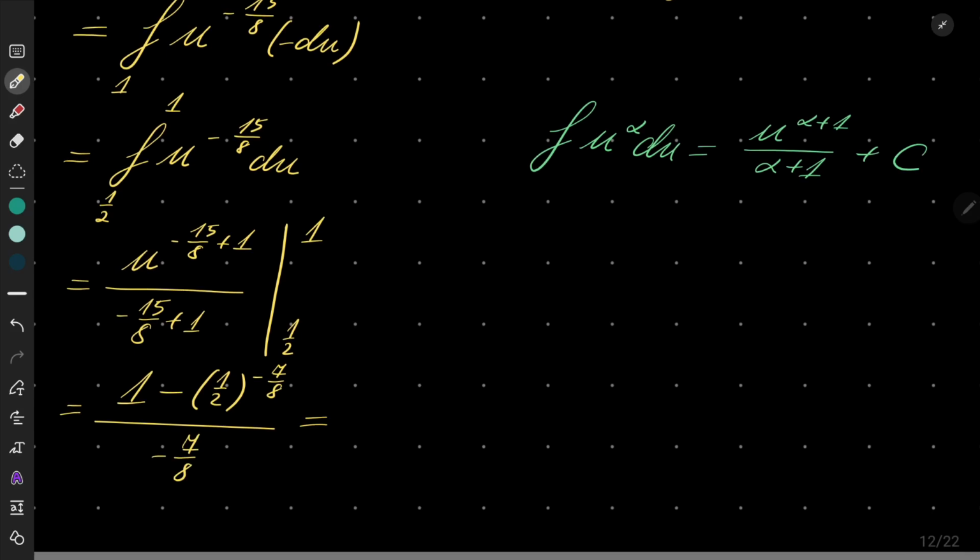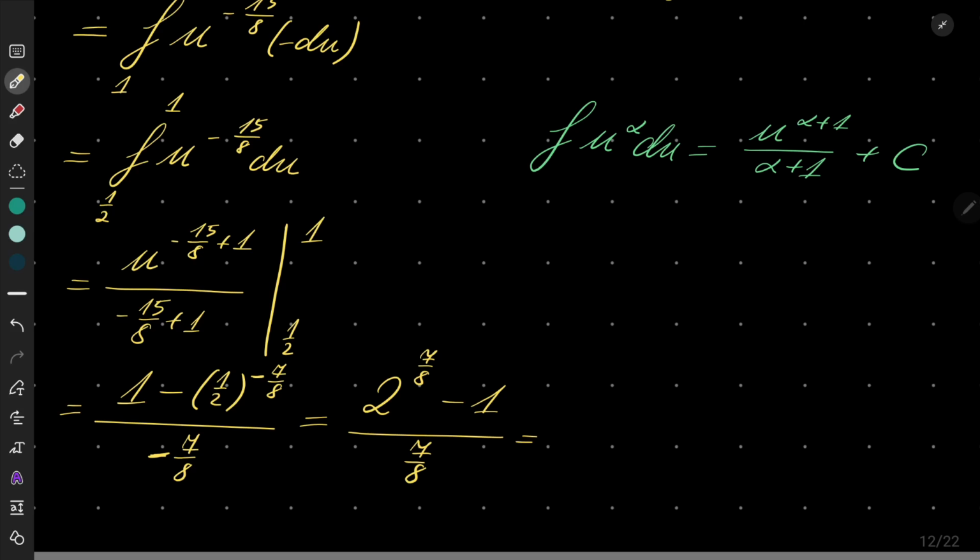I will write it in a different form to simplify it further. Since I have minus in my exponent, and I have minus here, I can write it as 2 to the power 7 over 8 minus 1 over 7 over 8.